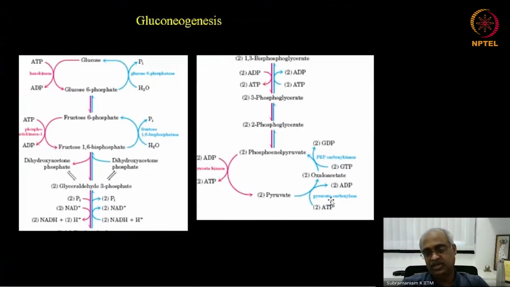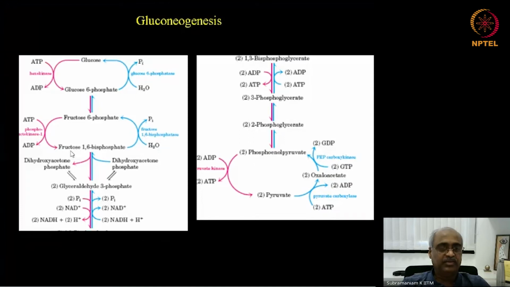That happens by two other enzymes: pyruvate carboxylase to oxaloacetate, which is an intermediate in the citric acid cycle that we will see soon, and then a carboxykinase that finally forms the phosphoenolpyruvate. So this is one bypass of the glycolytic direction of PEP to pyruvate. Two enzyme-based steps, and both require energy.